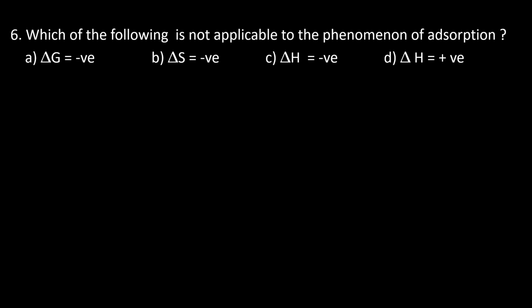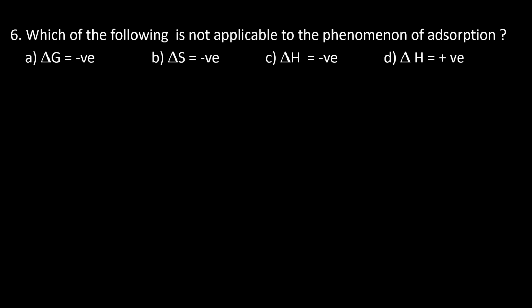Dear friends, the adsorption process is the process in which the accumulation of the substance is more on the surface than in the bulk of the substance, and this adsorption process is a spontaneous process. It is an exothermic process, that means heat is liberated, and it is accompanied by a decrease in entropy.